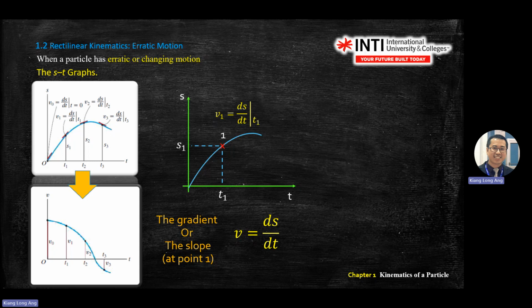Let's say you have the second point. You do the same: ds/dt, you get the gradient, then you have the second point here. Makes sense. So you can convert the s versus t graph into a v versus t graph.